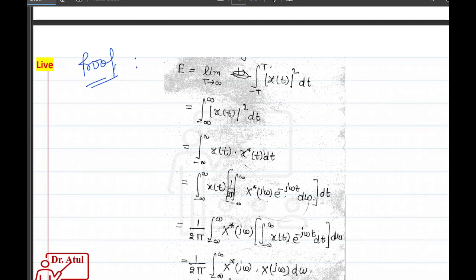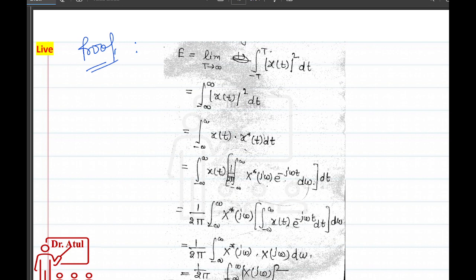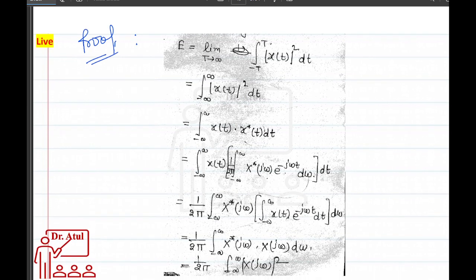Energy is given by the limit T tends to infinity of the integral from minus T to T of |x(t)| squared dt. When I substitute the limit T equal to infinity, it becomes the integral from minus infinity to infinity of |x(t)| squared dt.